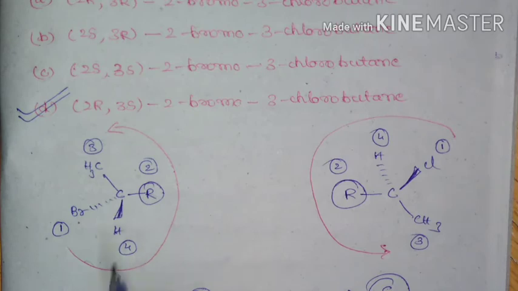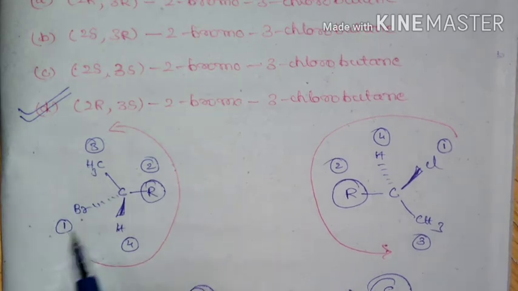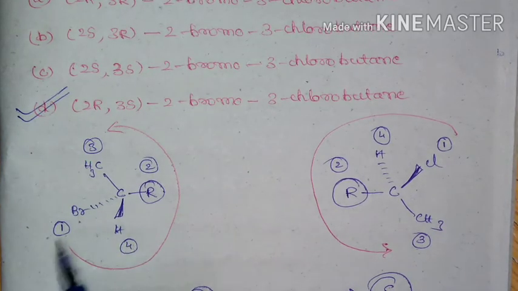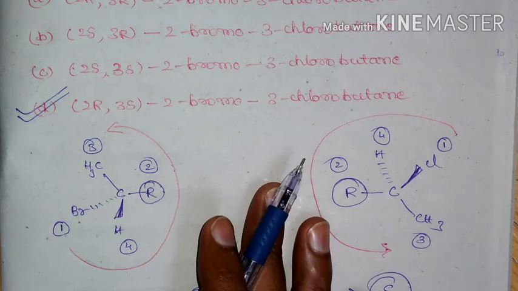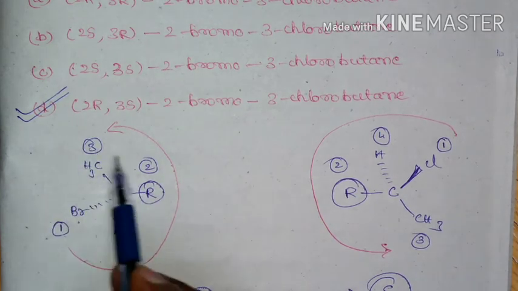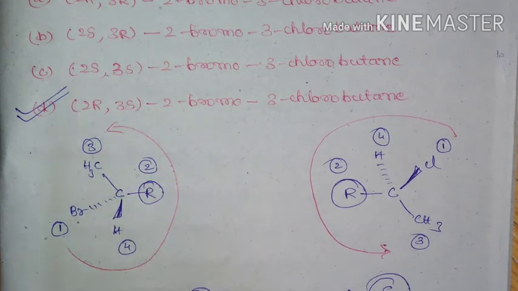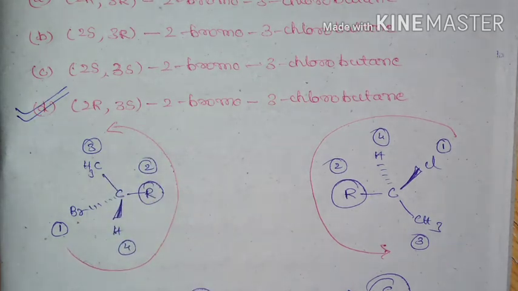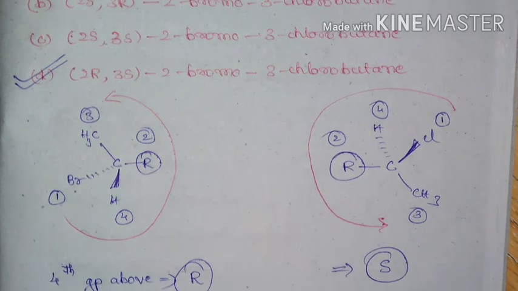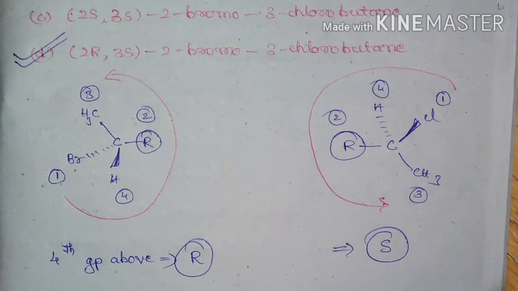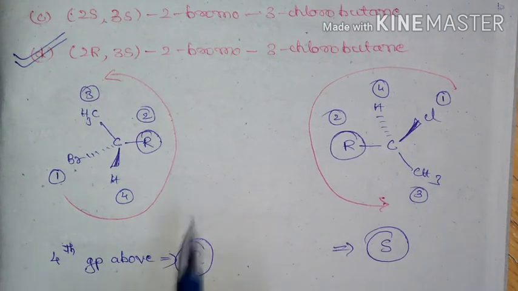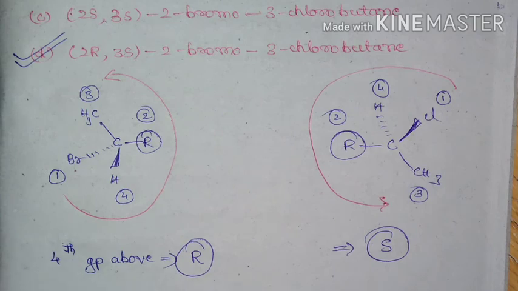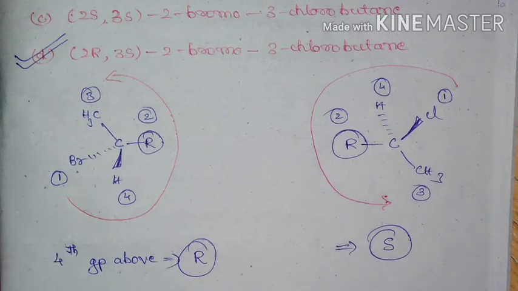For the second carbon atom, first priority will be given to bromo, second priority will go to the remaining part of this molecule, third priority will be methyl, and hydrogen will be the fourth group. This is anti-clockwise movement, and we know that if the fourth group is present above the plane, then anti-clockwise movement is represented as R.